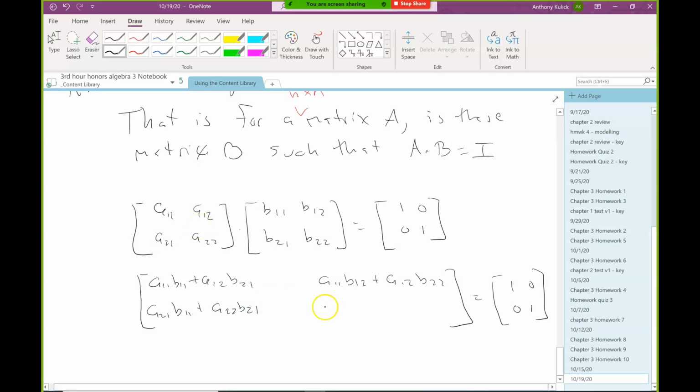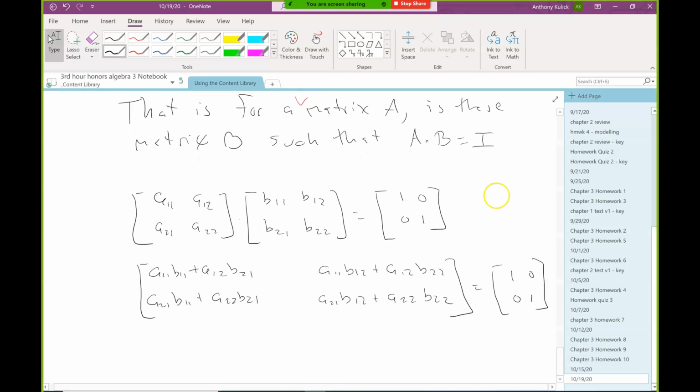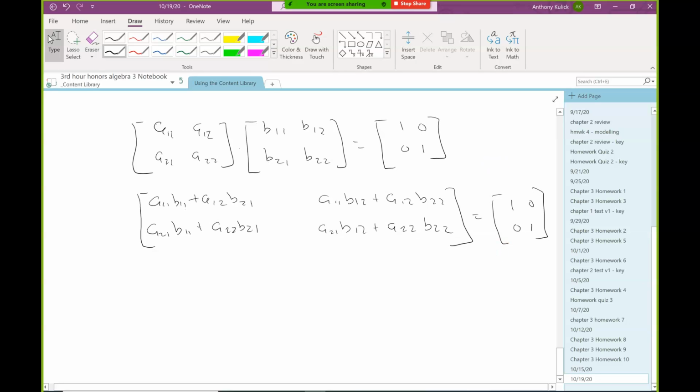And this now is going to create for me a system of 4 equations. Because I know for these two matrices, each entry in my matrix must be equal to the other entry in my matrix.